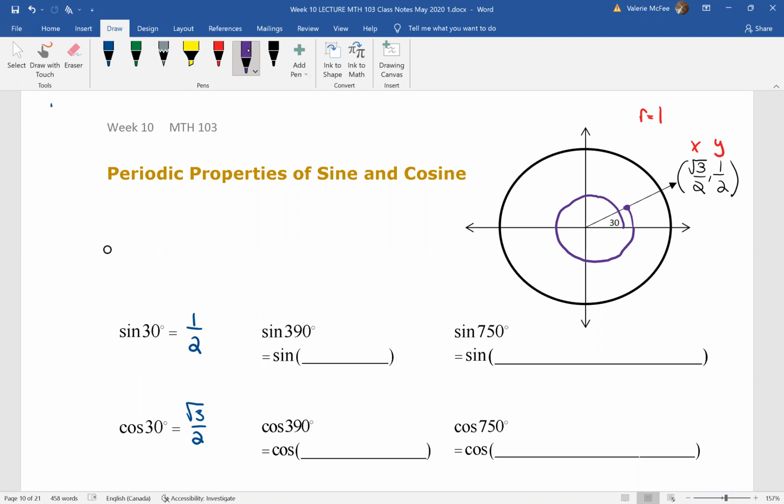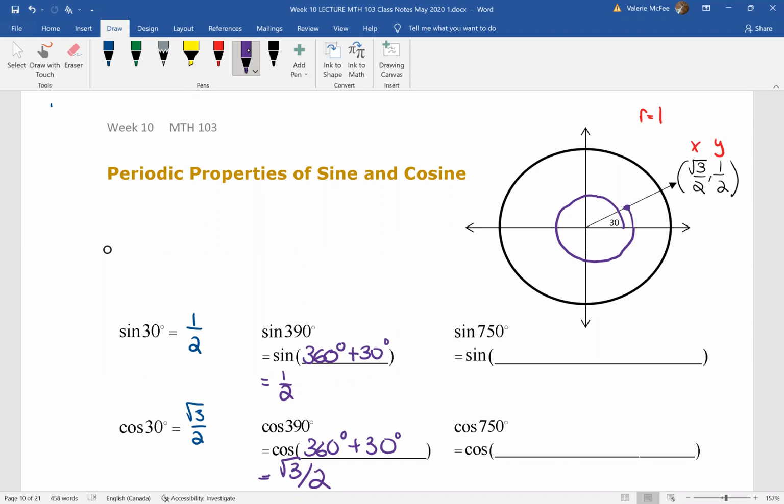So we can say that the sine of 390 degrees is equal to once around the circle plus 30 degrees. And again, it equals 1/2. The same thing is true for cosine. We went all the way around the circle, 360 degrees plus another 30, and it is still equal to √3/2.